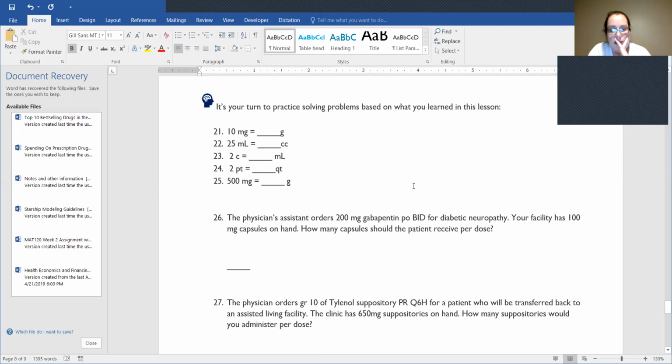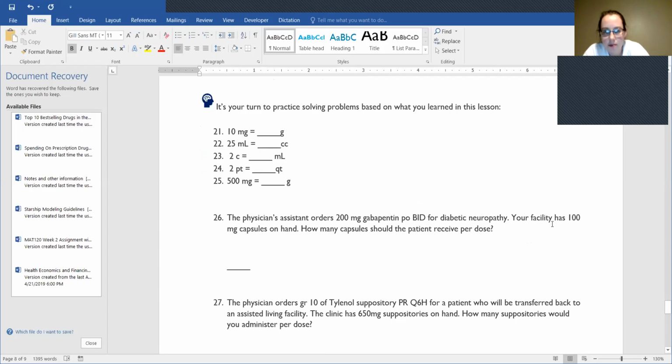Obviously, we care for patient instructions, but for the math, we don't care that it's gabapentin. We do care that it's being given orally, because that tells us what dosage form we need. But after that, we don't care whether it's capsules or tablets.